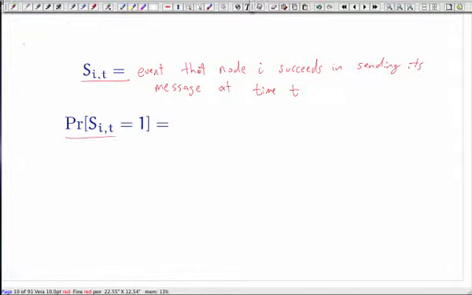So this is a 1, for example, if the event is successful, and a 0 if it's a failure. If i fails at time t, it's a 0. If it succeeds, it's a 1. What is the probability of this event? What has to happen for node i to succeed at a given time?